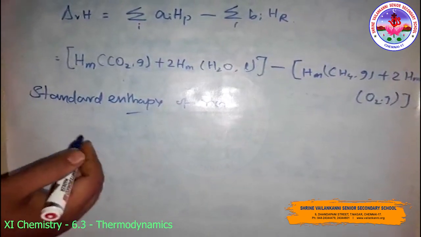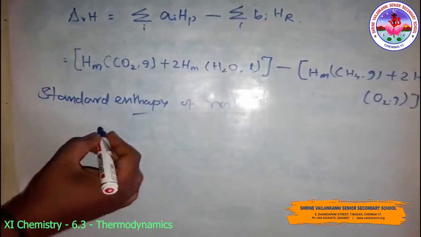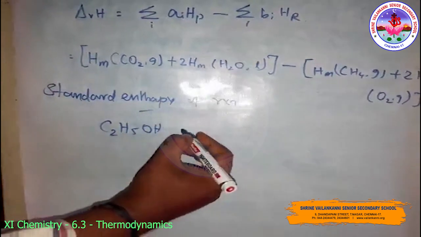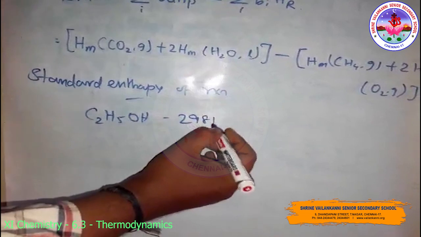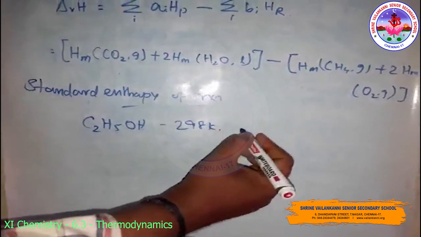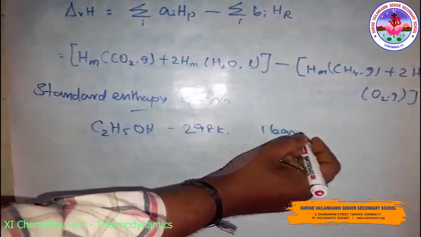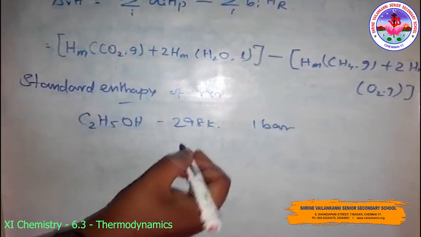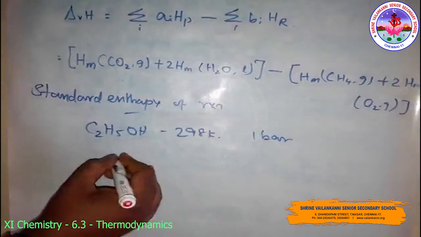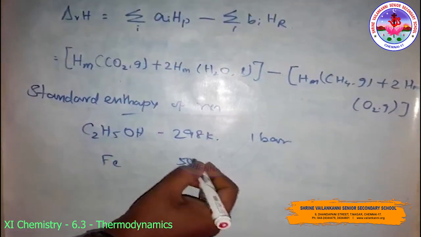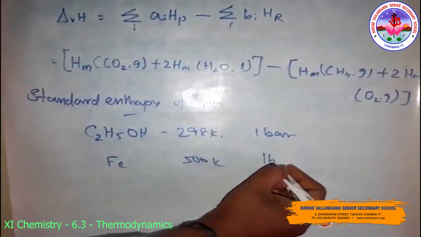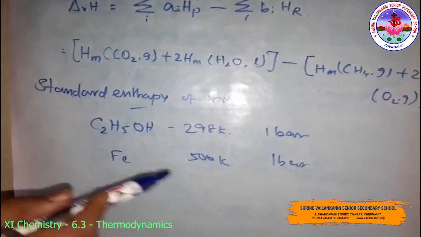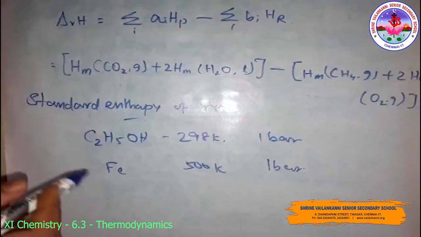For example, the standard state of liquid ethanol, C2H5OH, at 298 Kelvin is pure liquid ethanol at 1 bar. The standard state of solid iron at 500 Kelvin is pure iron at 1 bar pressure. Usually the data are taken at 298 Kelvin.